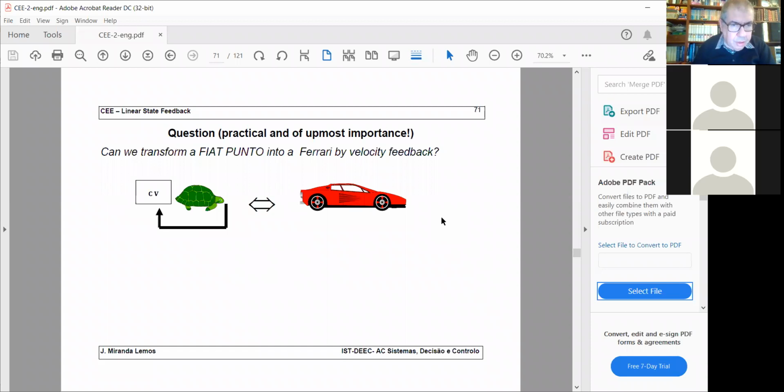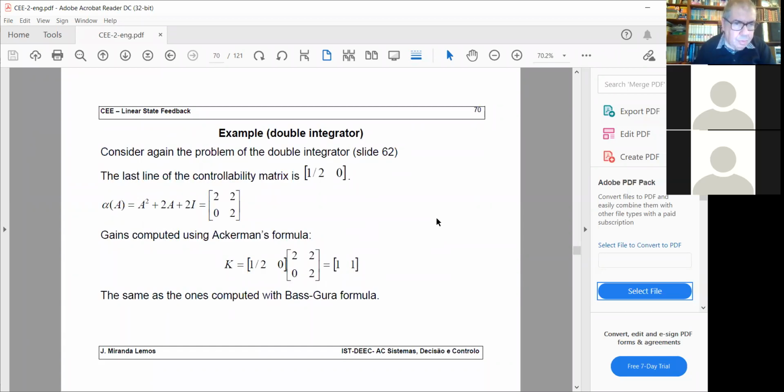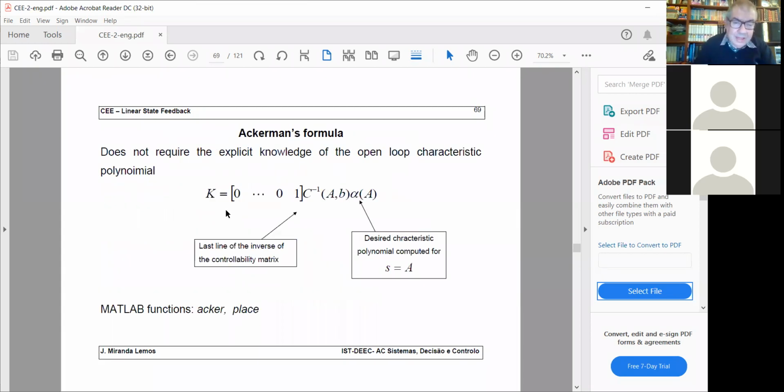We have other formulas as well. One formula which is perhaps better known than Bass-Gura is Ackermann's formula. In Ackermann's formula, it has this structure.